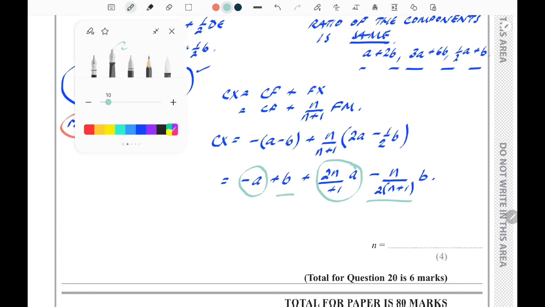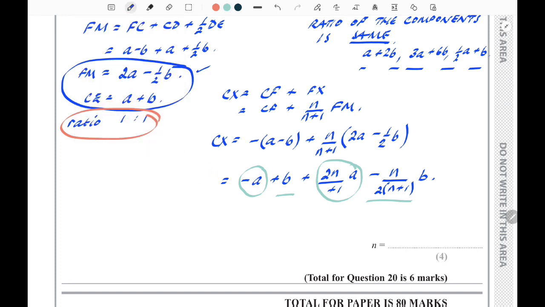So let's go back to that. And what we have is the coefficient of minus A is just minus 1. And then the second part is the 2n over, oops, hang on, there's an n missing there, n plus 1. And so that's going to be plus 2n over n plus 1 must equal all the B components.